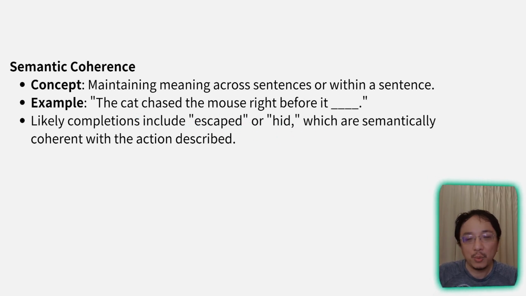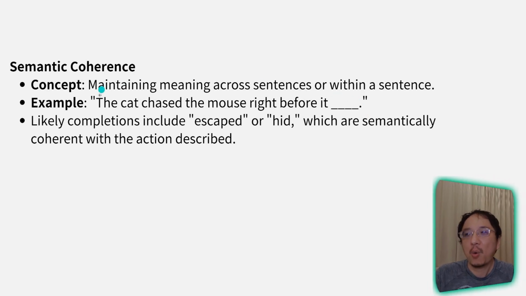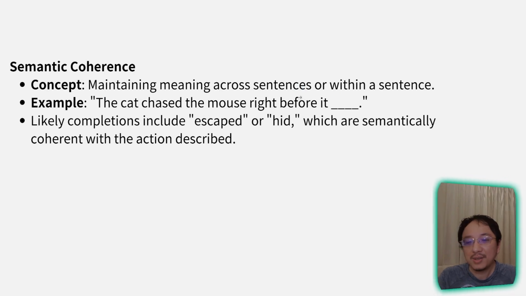So the easiest way to fill in the blank correctly might be to in fact understand what this sentence means. I'm not saying the model really understands it, because there is a lot of debate on what exactly is meant by understanding.